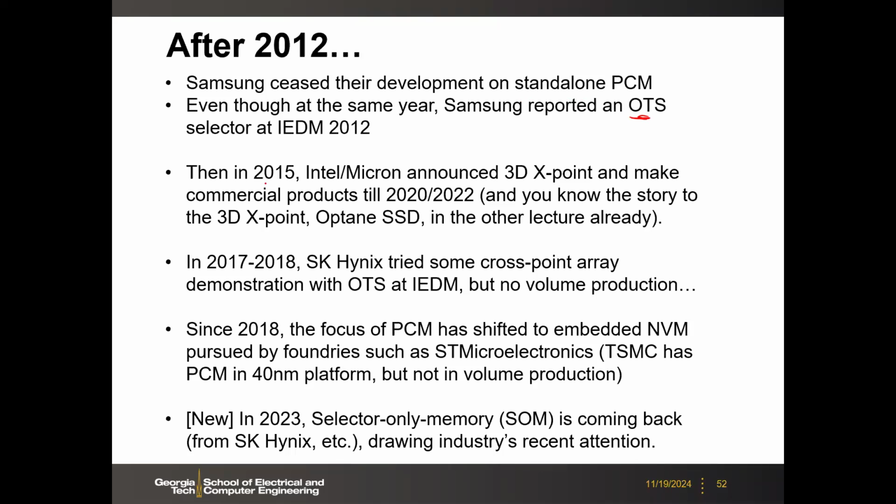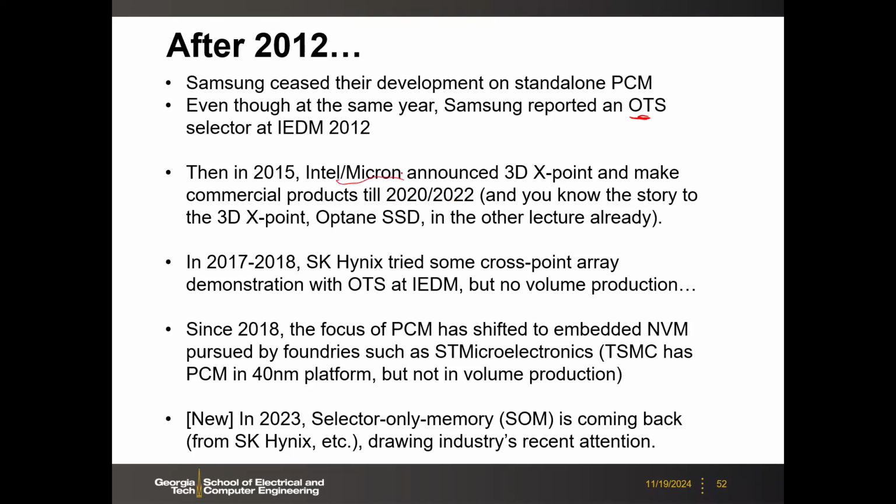And then in 2015, Intel and Micron announced the 3D XPoint. We already discussed that in the earlier lecture. And then this product lasted for a few years, and then they stopped the commercial product around 2020 and 2022, respectively.